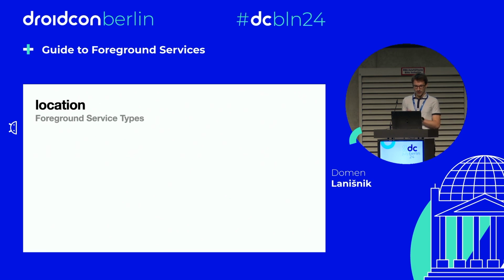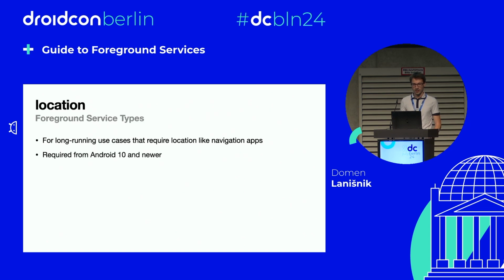Cool. So yeah, back to the service types. So for location, it can be used for long-running use cases that require location, like navigation apps. So for example, Google Maps. This was the first foreground service type that was introduced, and it was required already back in Android 10.